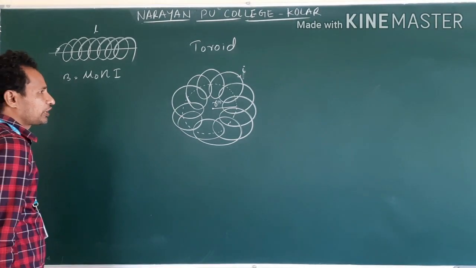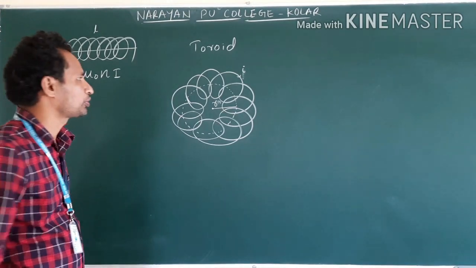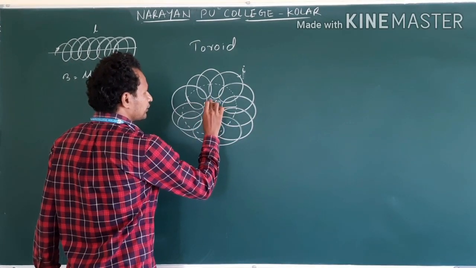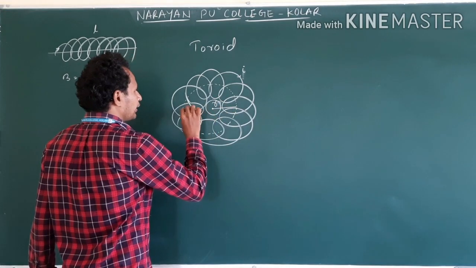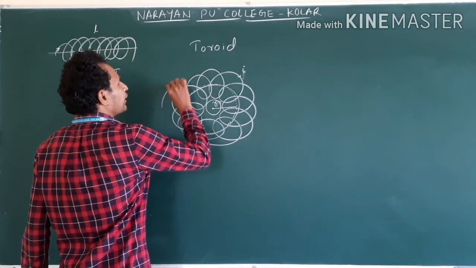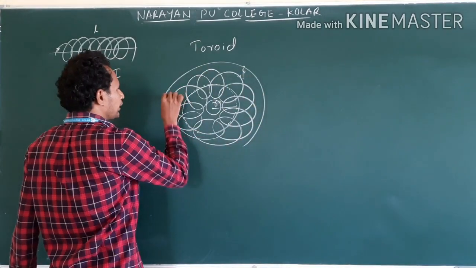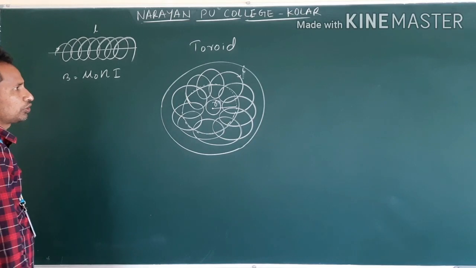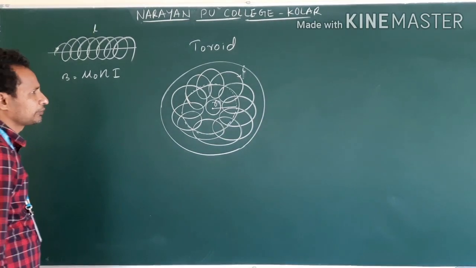To apply Ampere's circuital law, I take 3 loops. One is inside, another one is through the coils, and another one is outside the toroid. Clear?